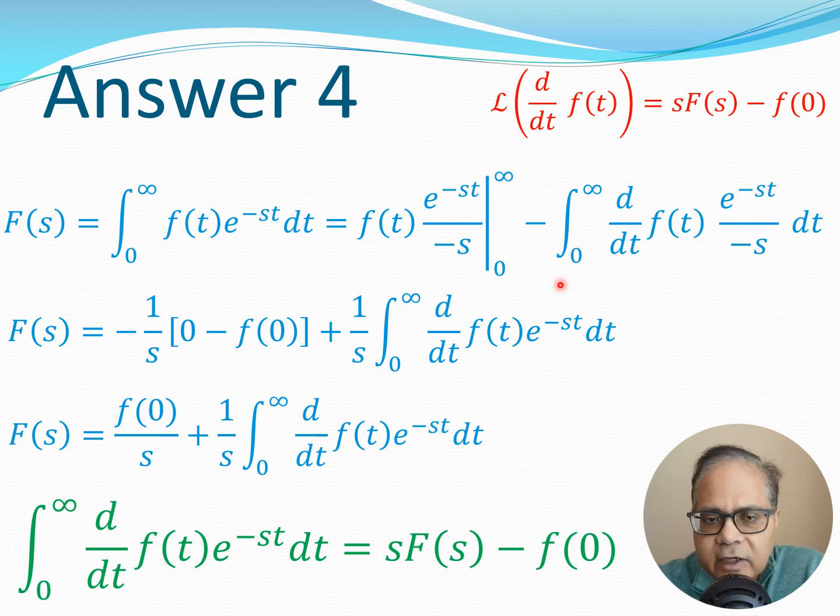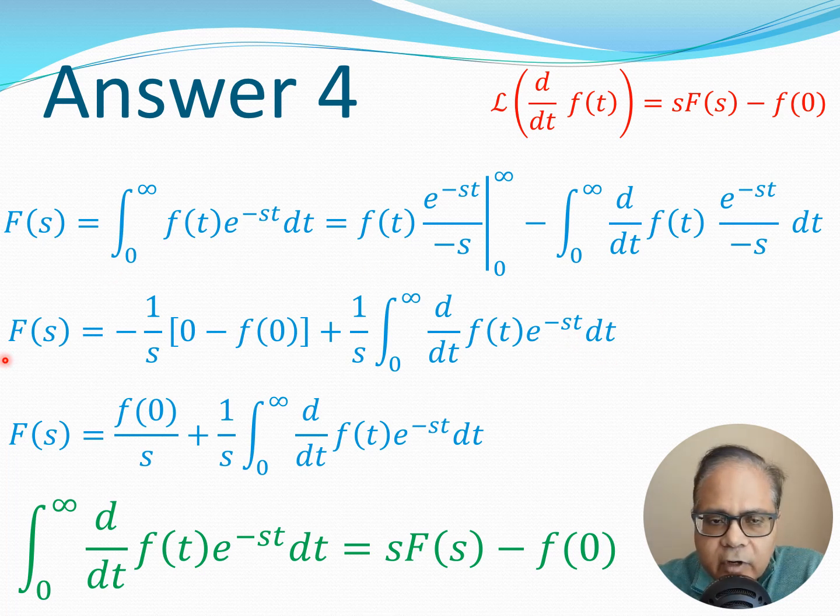With that I now have this particular expression here which we can further simplify. So let's do that. We can write F(s) as minus 1 by s, I take this out here, and here I have 0 minus f(0). So with this particular simplification, the second term becomes plus 1 by s, integral from 0 to infinity of d by dt f(t) e to the power minus st dt.